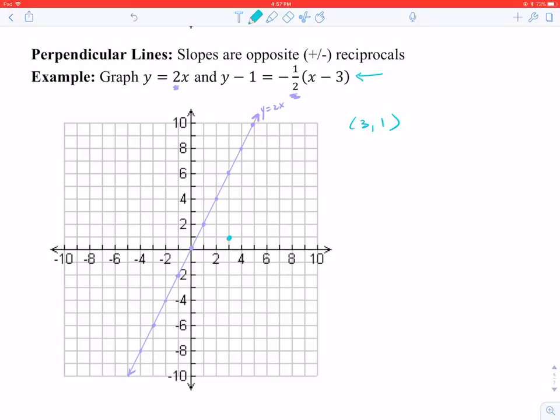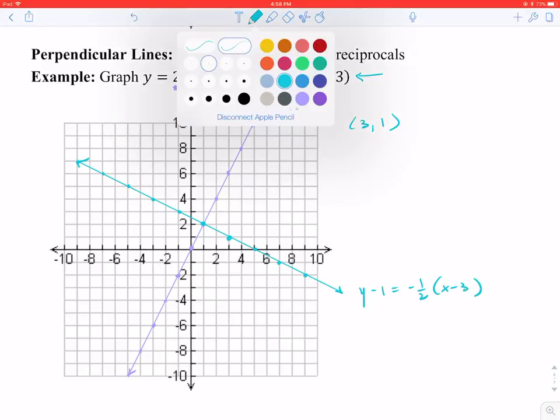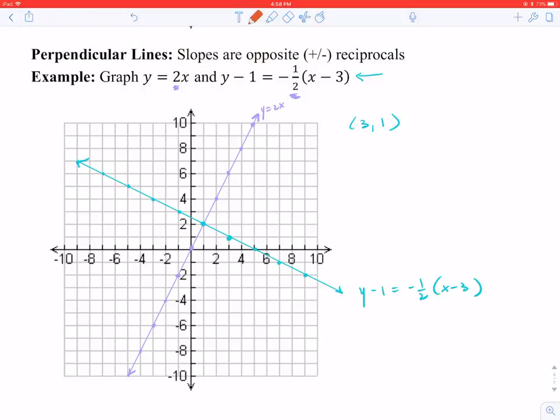And then the slope of -1/2, I go down 1, right 2, down 1, right 2. Label. Okay, and then we can see here perpendicular lines intersect at a right angle, a 90-degree angle.